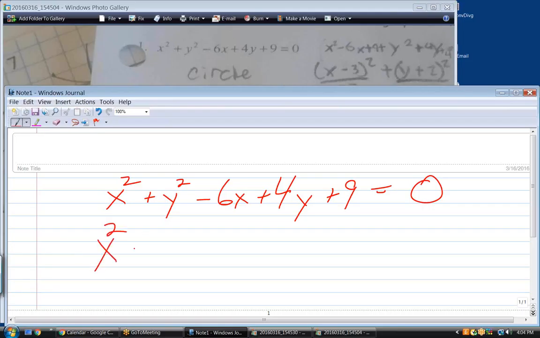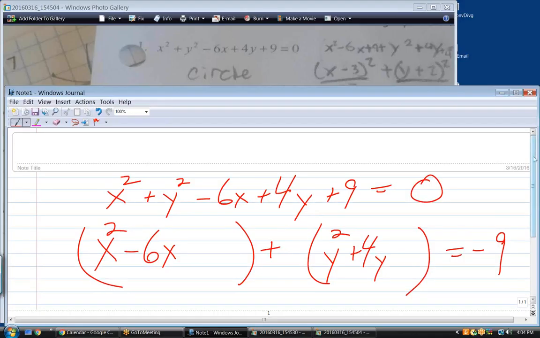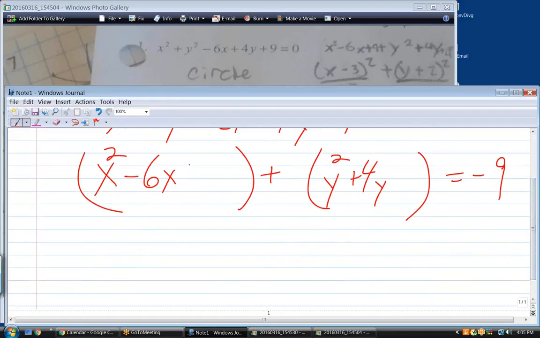So typically, I would do it like this. And I would take that 9 on the other side of the equation. Yeah, that's what I did. Okay, cool. And then you complete the square.